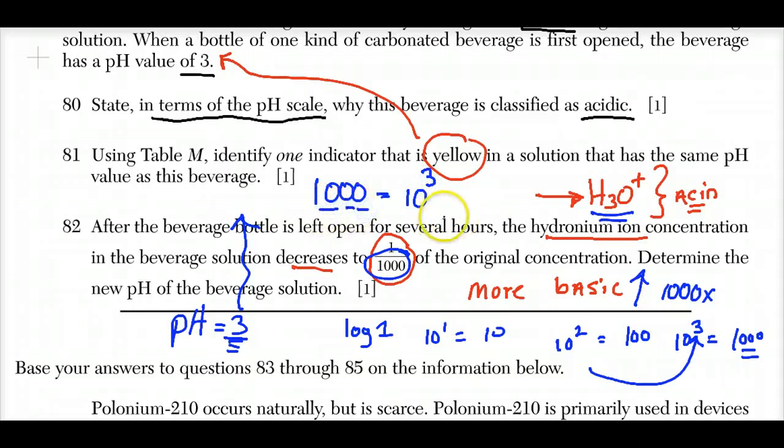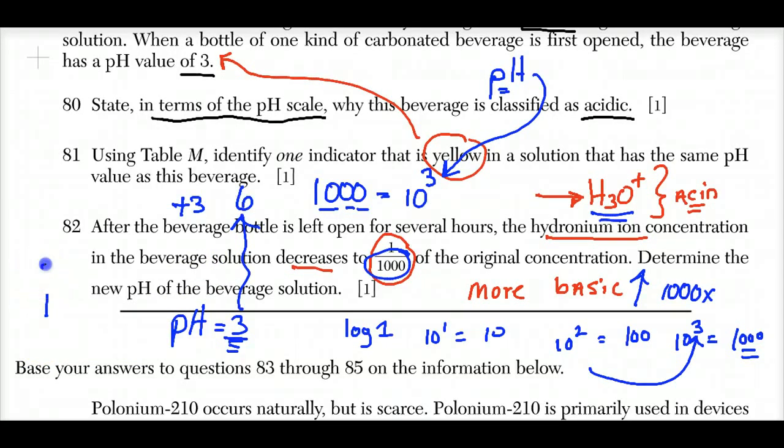3 zeros. Well, if you remember, pH is the positive value of the exponent of the H plus ion concentration. So pH comes from the exponents. So really, this is going to increase 3 times, and it's going to go to the pH of 6. Remember, every pH integer is really a factor of 10.